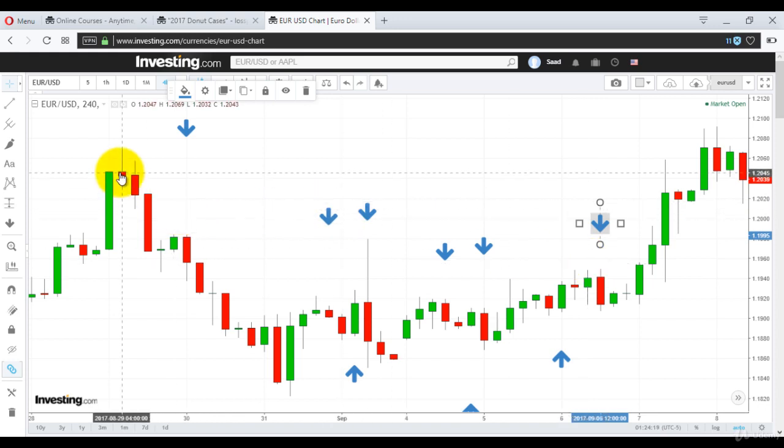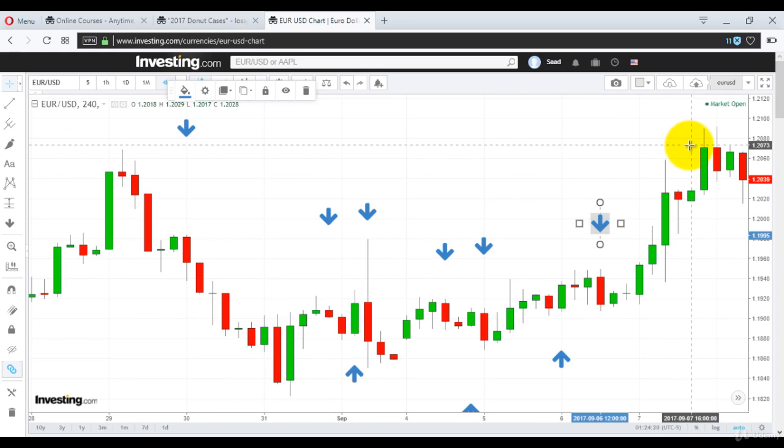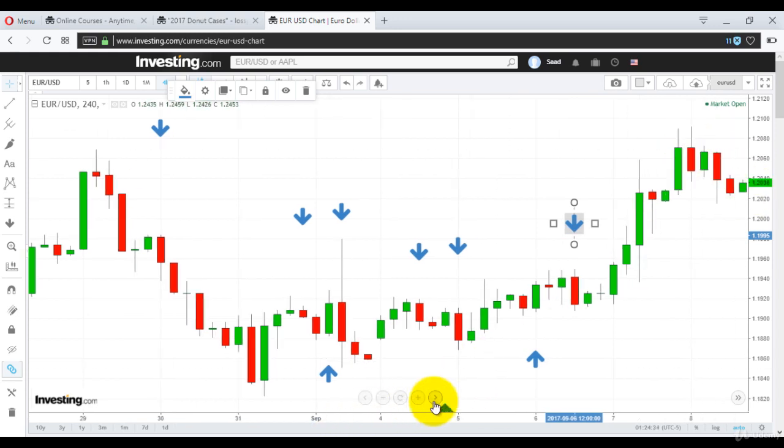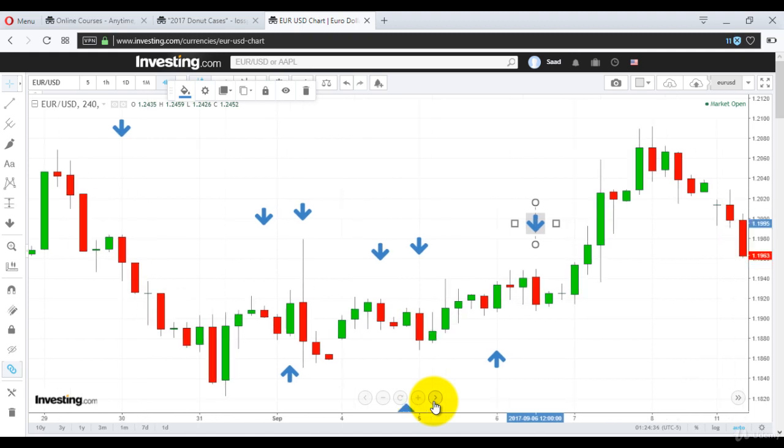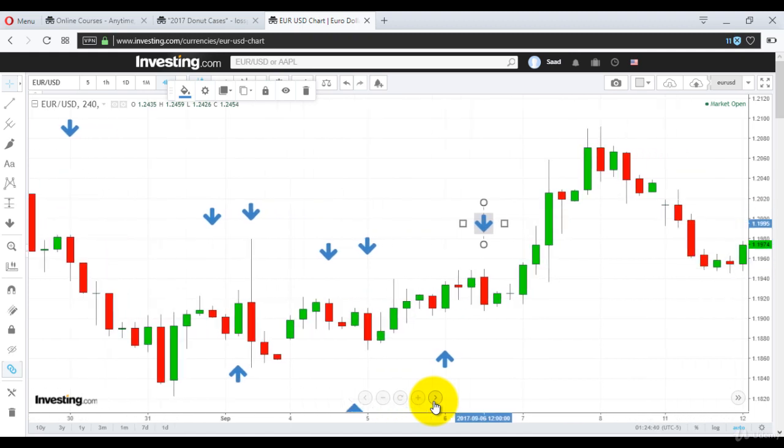Now the basic presumption is it should be crossing this previous high. But if you look at it in hindsight, it did close higher, but it's now pointing lower again, which is not a good mark. Wait, it goes lower. No candlestick is telling you to buy. Now this is telling you to buy.